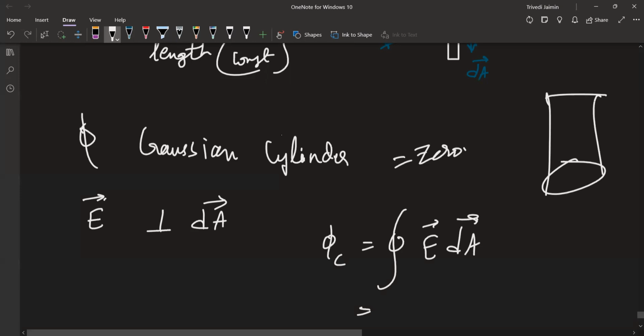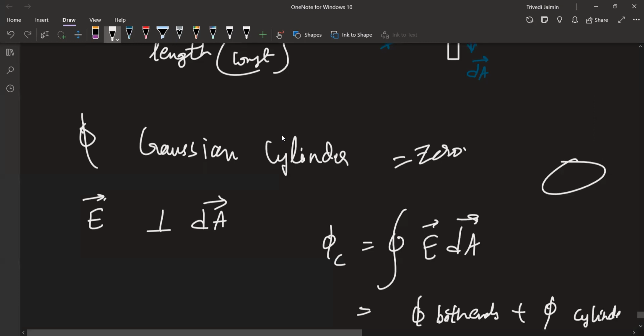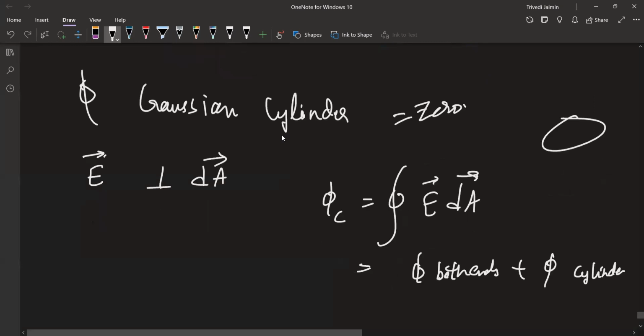Both things we need to add. So flux through both ends plus flux through cylindrical surface.